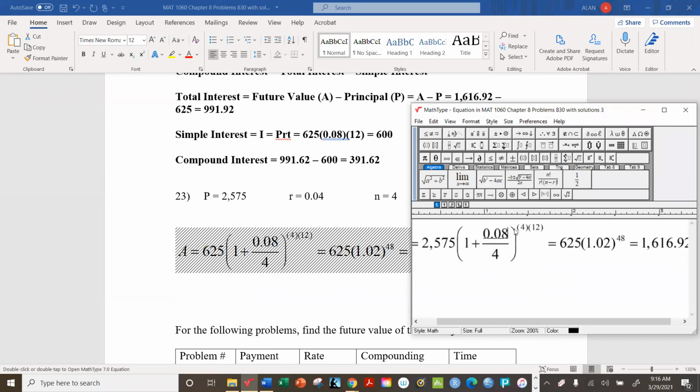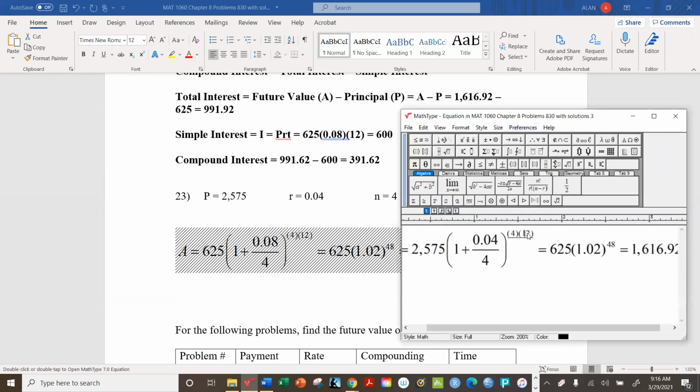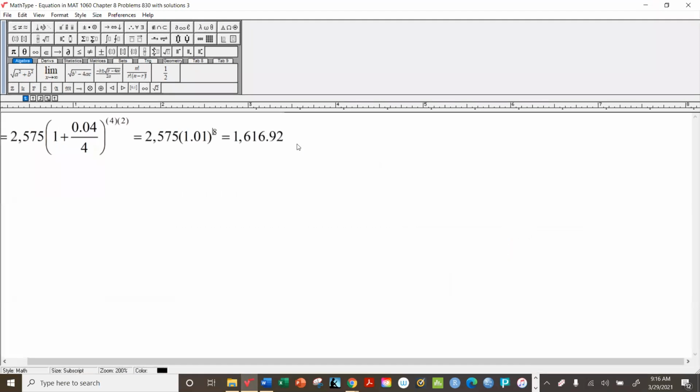$25.75, 4%, and this is a 2-year investment. All right, so we have $25.75. Here we have 1.01. We have 8. All right, and what does that work out to be?